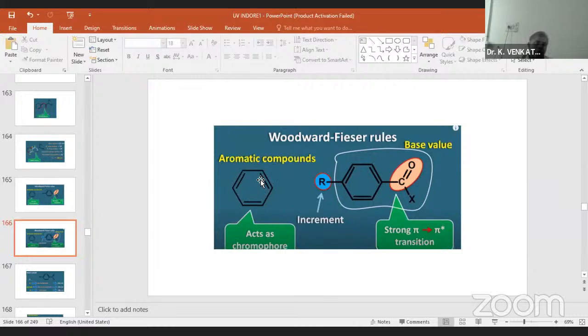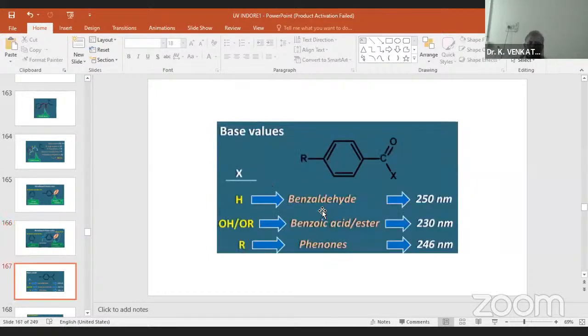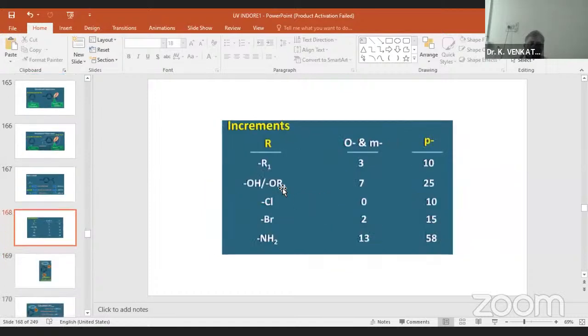So this is the increment value for an alkyl substituent. What is the value for R at the ortho, meta, and para positions?